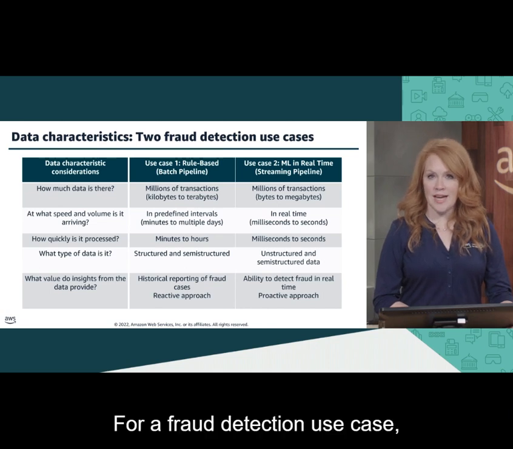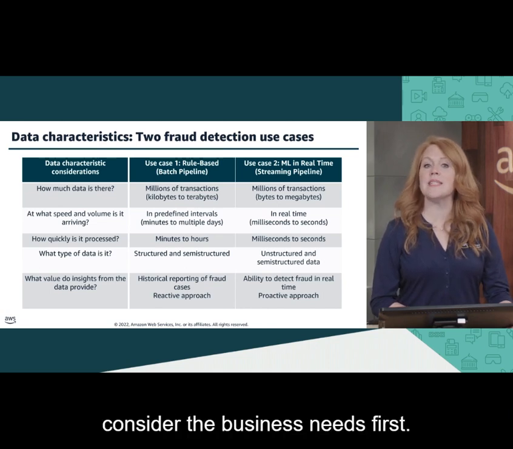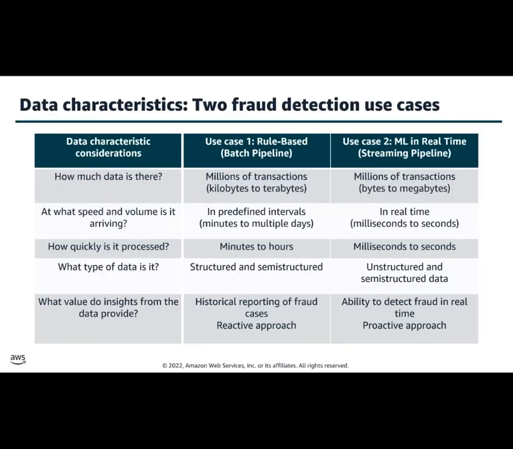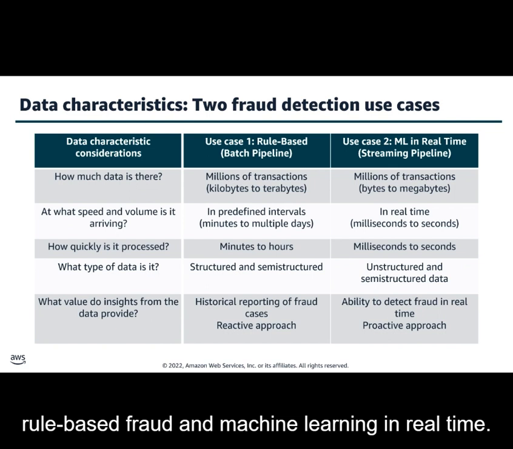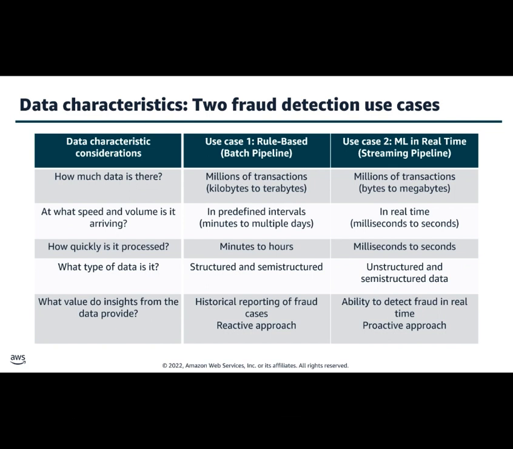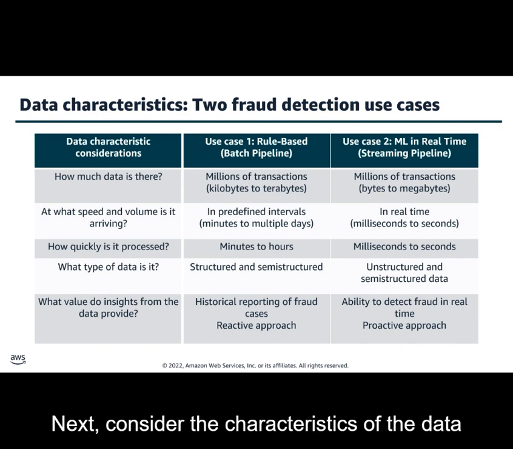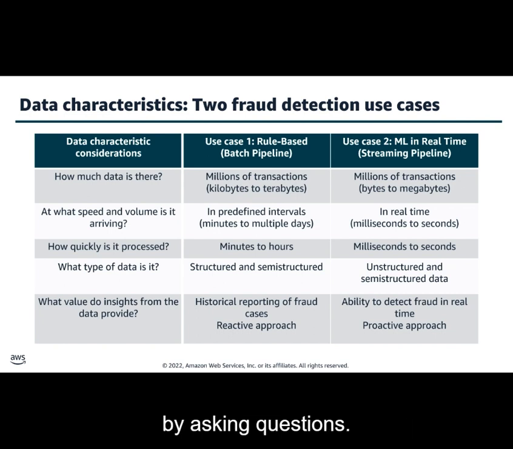For a fraud detection use case, consider the business needs first. For this purpose, 2 use cases are shown as examples here: rule-based fraud and machine learning in real time. Next, consider the characteristics of the data by asking questions.